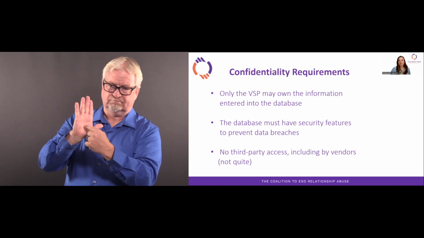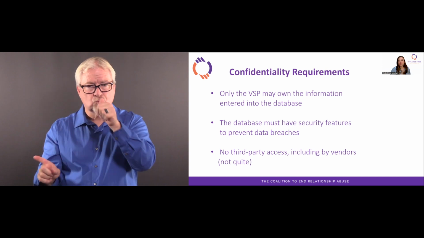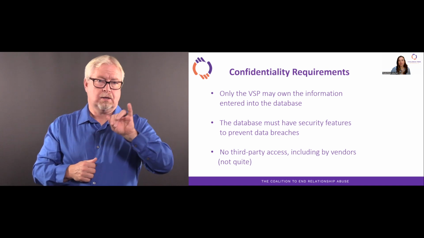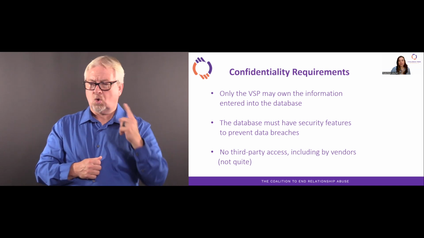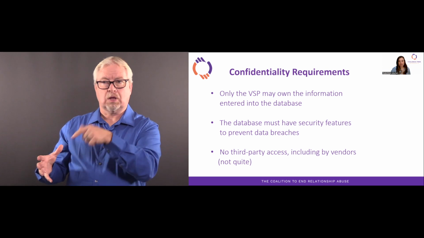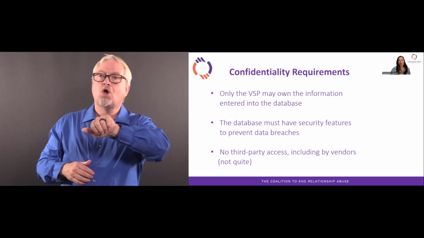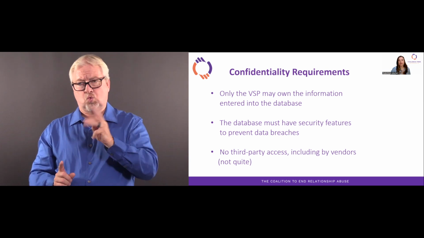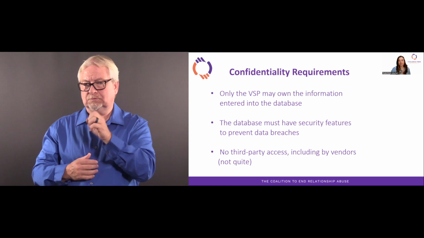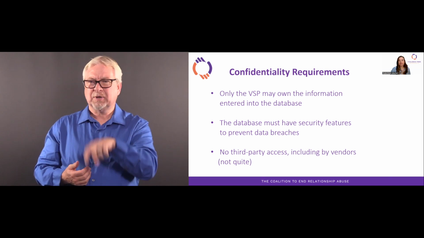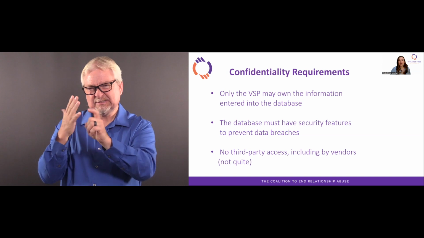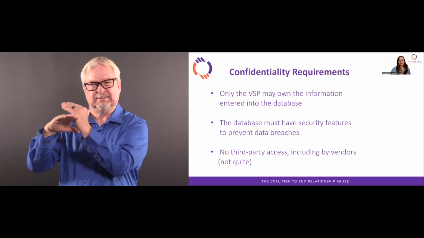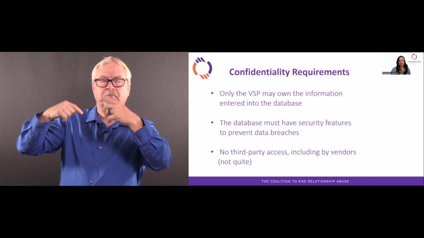HUD specifies certain requirements to ensure privacy and confidentiality of survivor PII. First, the VSP, and only the VSP, not the vendor or any other third party, must own the data that is entered into the database. Next, the database must have security features that prevent data breaches and protect the contents of the database from outside exposure.